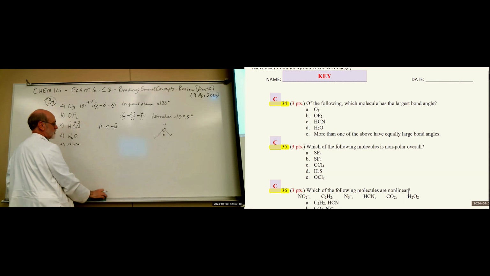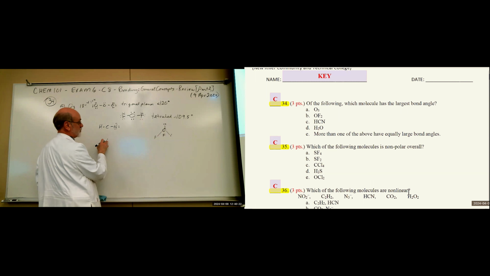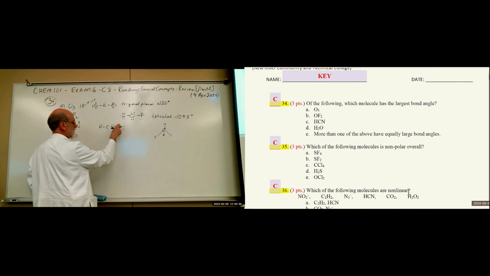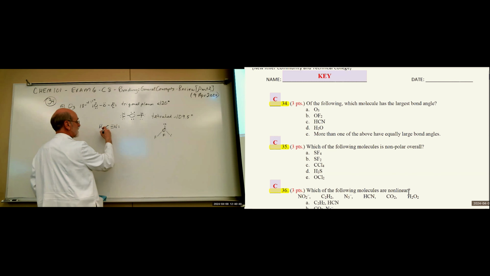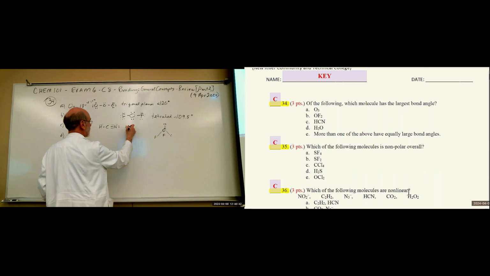Got all of our electrons placed. Now we have to make an octet if possible. So in order to make an octet without robbing one from the other, we'll put 2 here for that bond and 2 here for that bond. And we still have 2, 4, 6, 8, 10. So this is linear, 180 degrees.